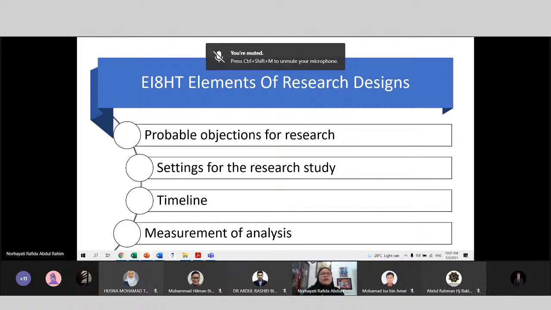How likely your techniques are seen as wrong by some people. That's why you need to read the articles and previous discussions on method, the setting for the research study, and then the timeline and measurement of analysis. These are the elements of research design.